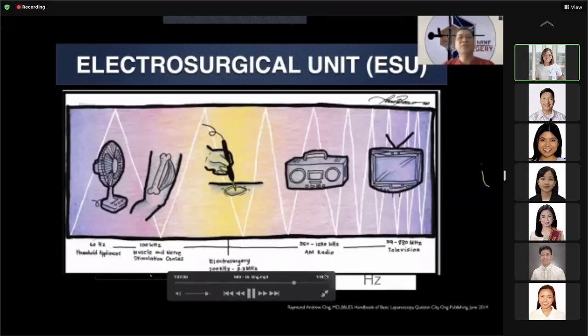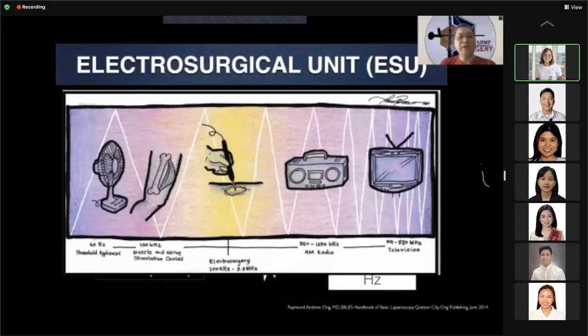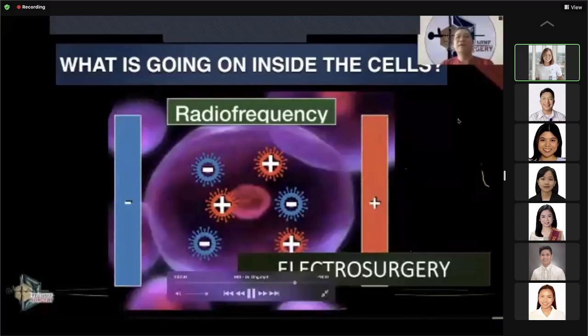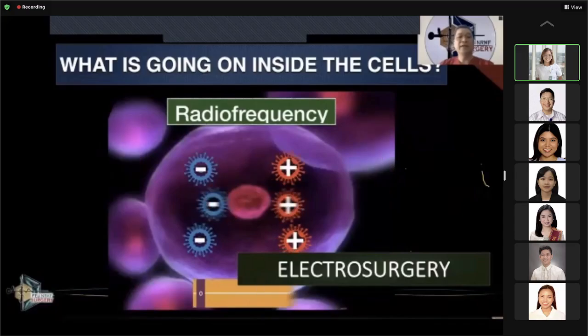So when you happen to plug and you get electrocuted, there's a twitch because the frequency is only 60 hertz. Electrosurgery uses 200 kilohertz to 3.3 megahertz, meaning you increase the frequency. That's why when you apply it to tissue, it does not cause electrocution, because the frequency is higher. So this is the alternating current used in electrosurgery.